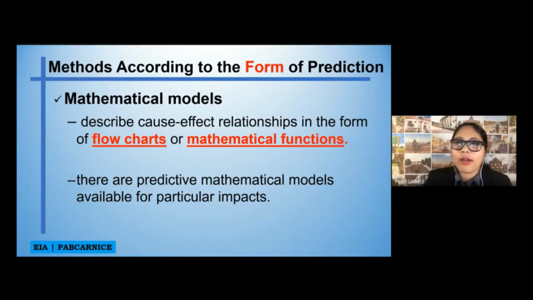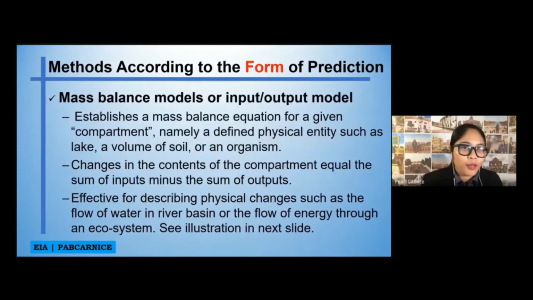The next example is a balance model or input-output model. So this actually establishes a mass balance equation for a given compartment, namely a defined physical entity such as a lake or a volume of soil or an organism.